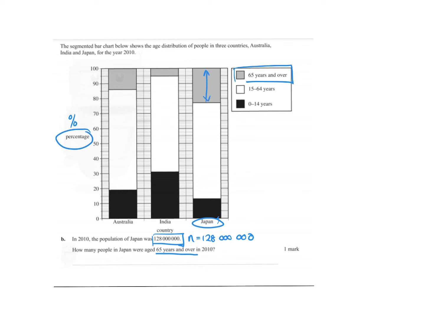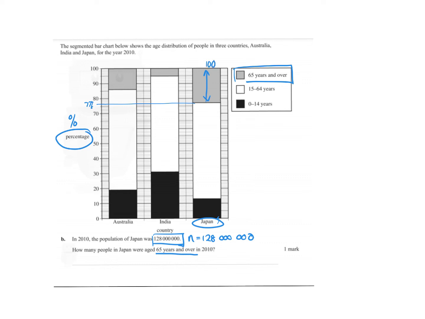Now, this is giving us a percentage, and if we read off what type of percentage it is, it starts at, I'm going to say 77%, and it goes up to 100.